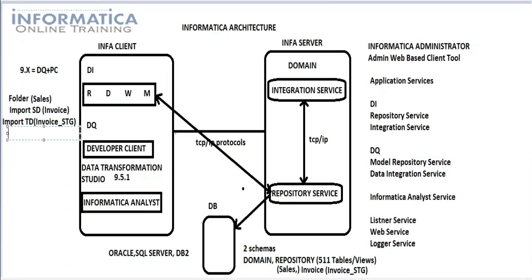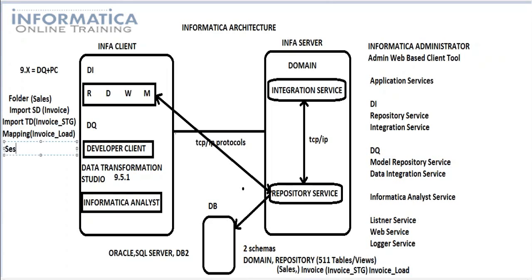Let's say the mapping name is invoice load. Again, when you save it, this metadata will be inserted into this repository database. Whenever you perform a save, the repository service will insert that metadata into the repository database.